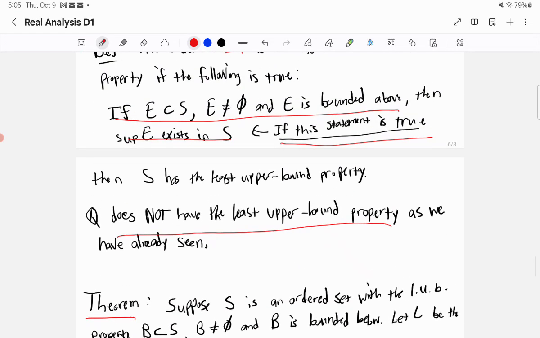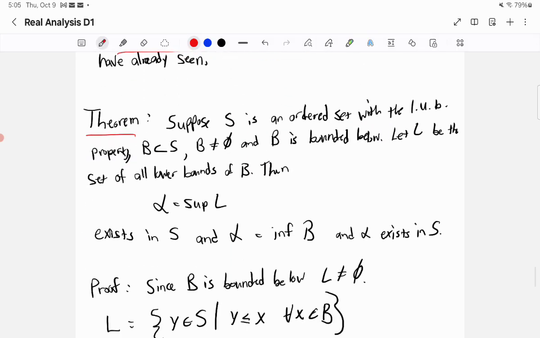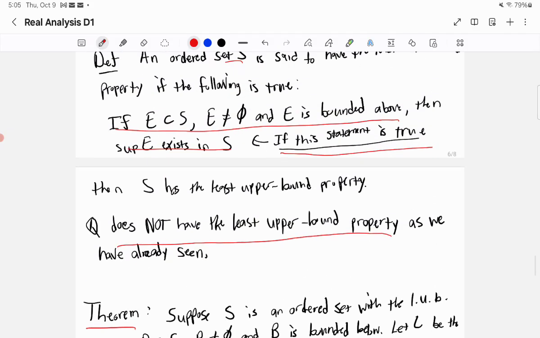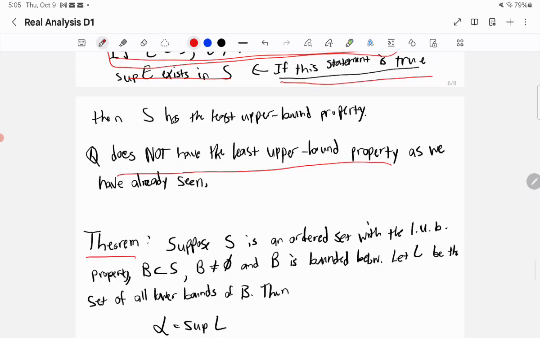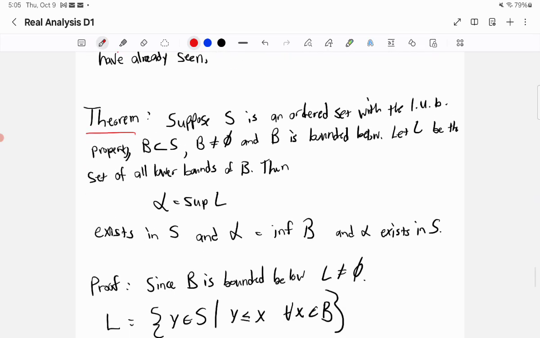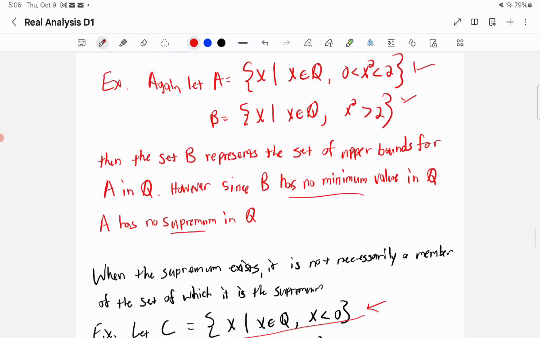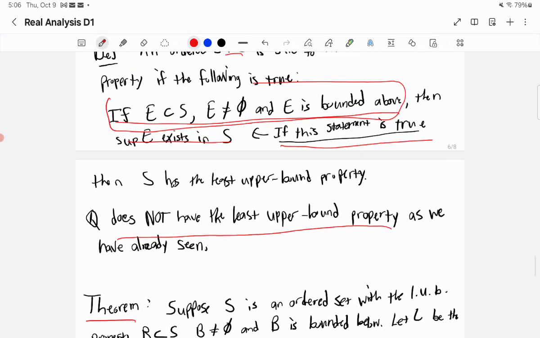If it follows that the least upper bound exists, then it has this property. The real numbers have the least upper bound property, because it's guaranteed that if these three things are true, then the supremum exists in the real numbers, but it's not guaranteed in the rational numbers, as we already saw from the red example. Okay? Great.